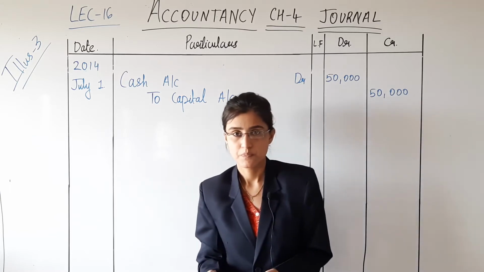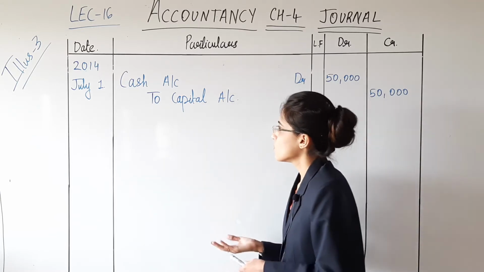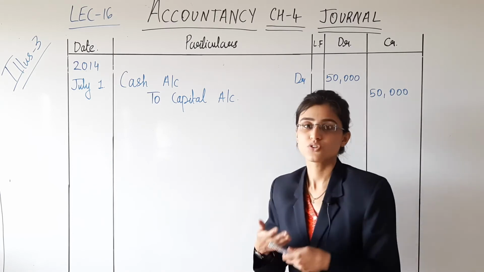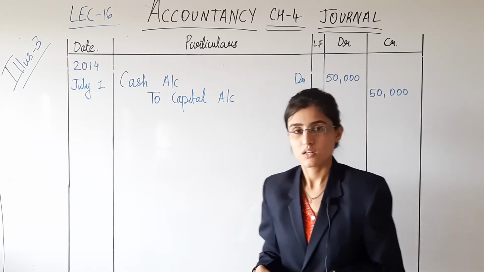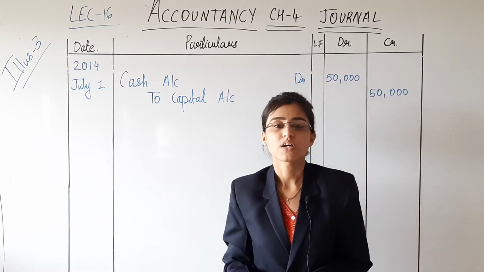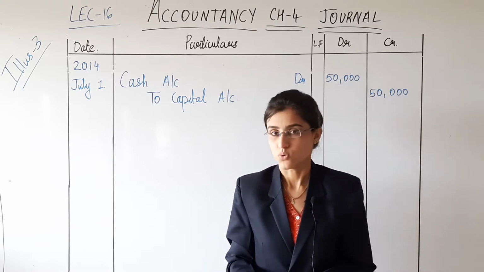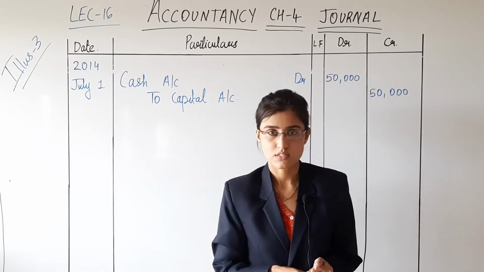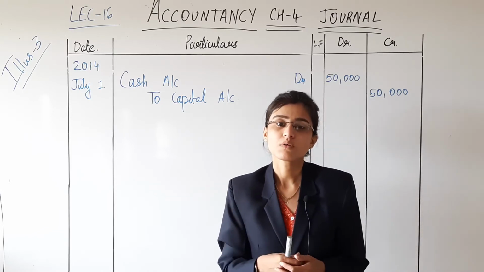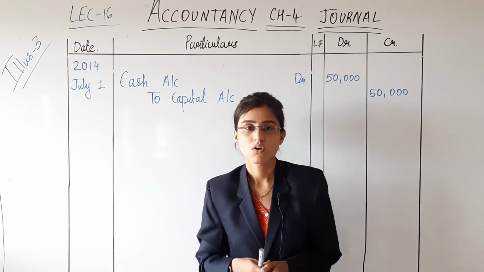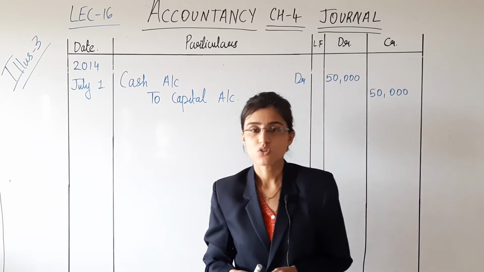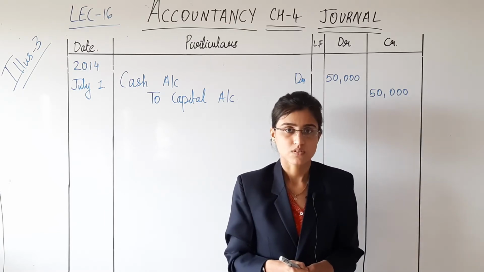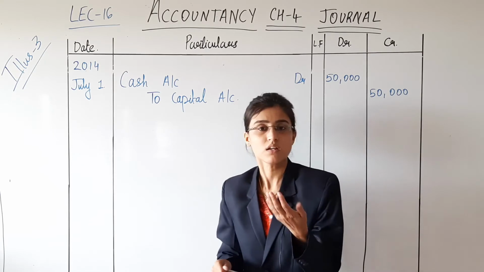We will just understand the journal entry. Narration you will read in the textbook and try to write on your own. But sure, I will dictate narration in several transactions. From now onwards, in each illustration or sum that we solve, we will only write the journal entry.